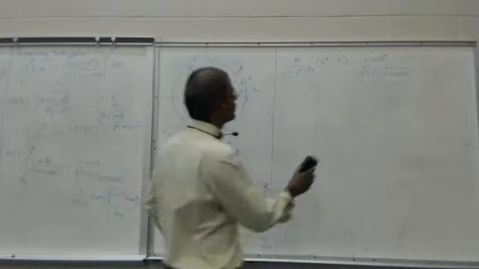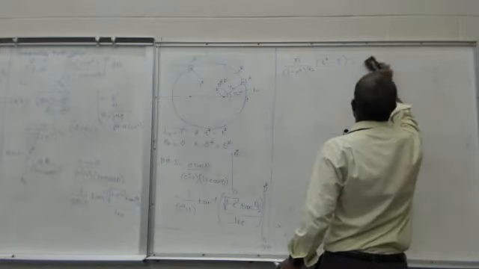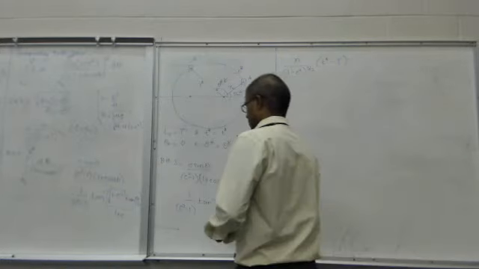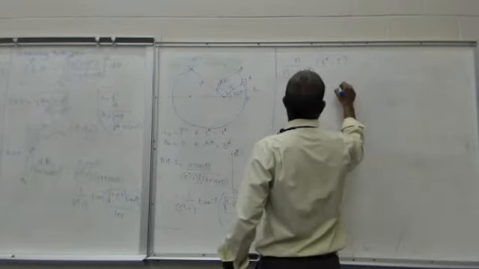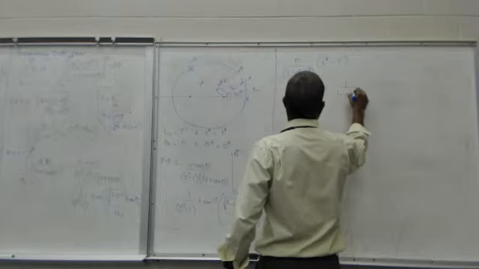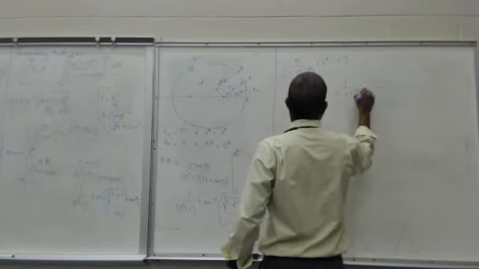I'll give you what we end up with, something like this. This is equal to 1 over 1 minus E square to the power 3 over 2. Okay.